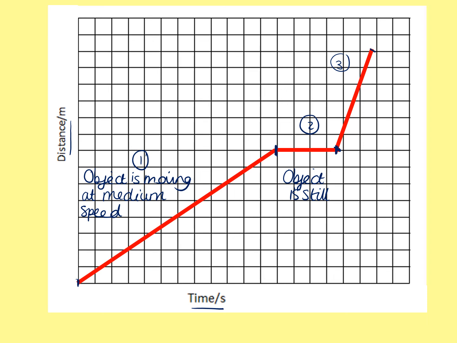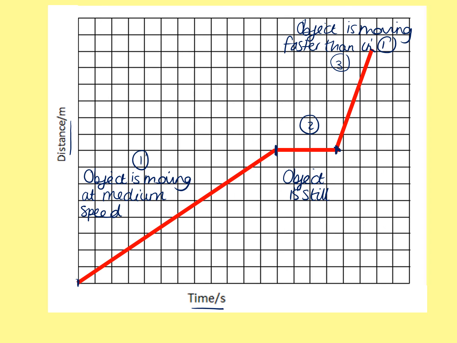If I compare section 3 with section 1, I can see that in section 3 the object is moving faster, and I know that because the line is steeper. So I can write: object is moving faster than in section 1. And that's how to describe the journey using a distance time graph.